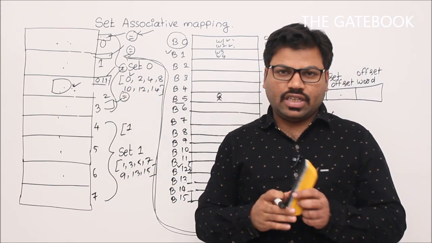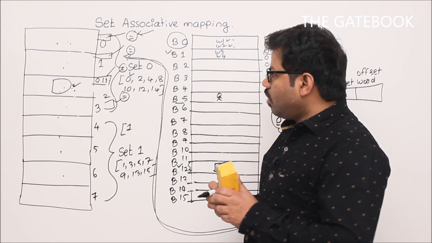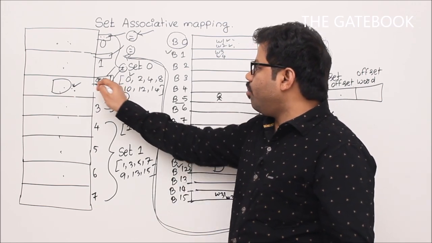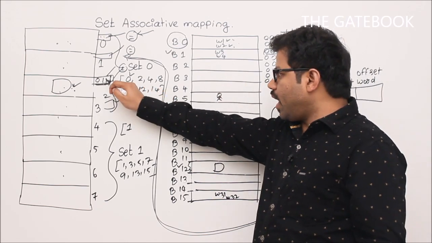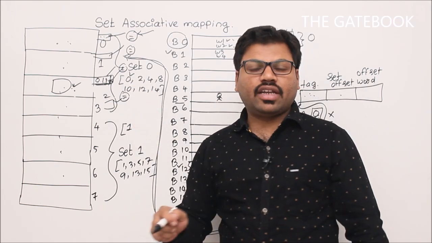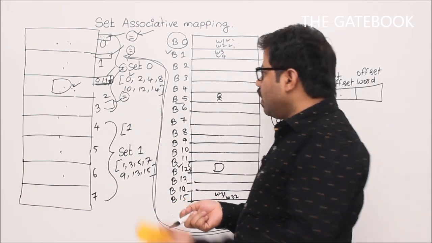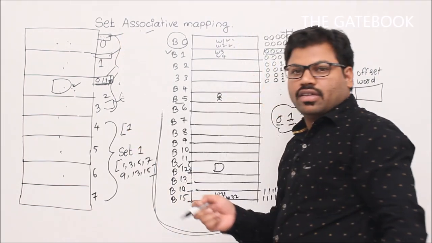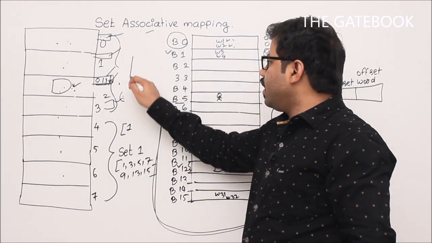Now we have one question here. Somehow one of the tags will hit, right? The comparator will give the output 1. But how do you know that a particular comparator gives 1? For that, generally we will use a multiplexer. So this multiplexer will decide that.